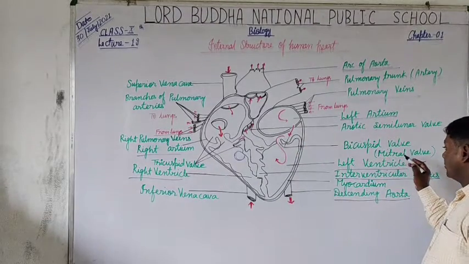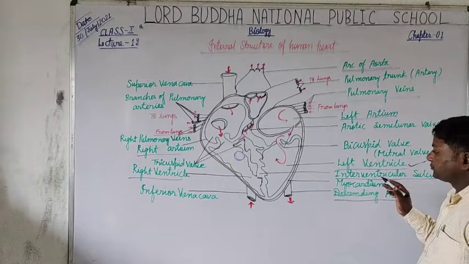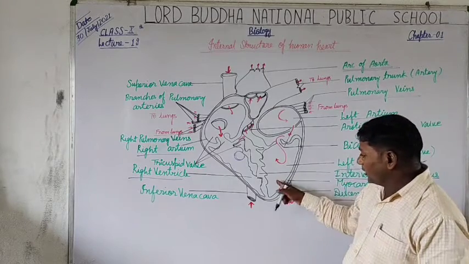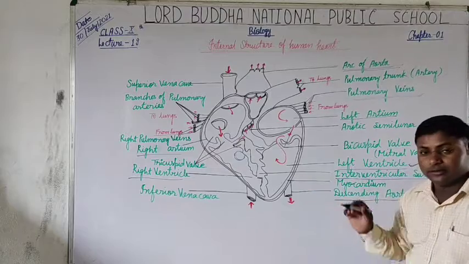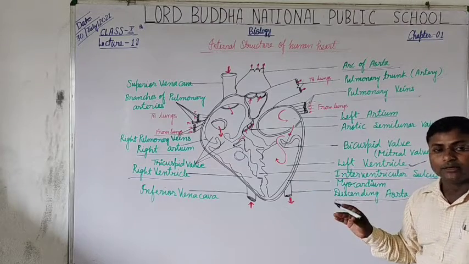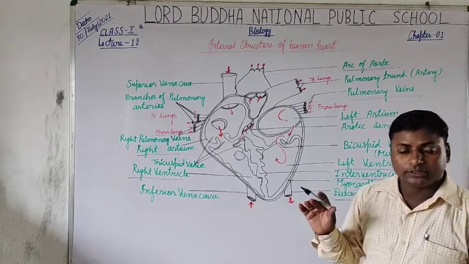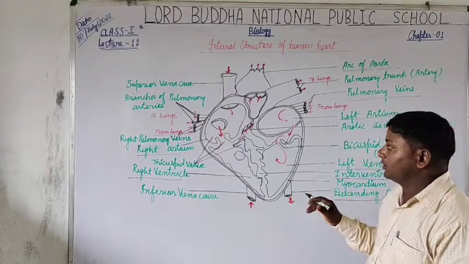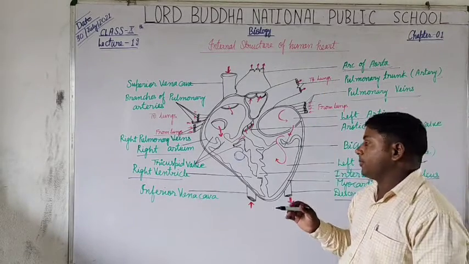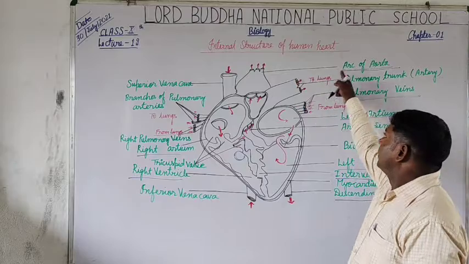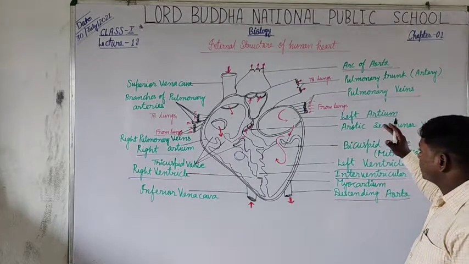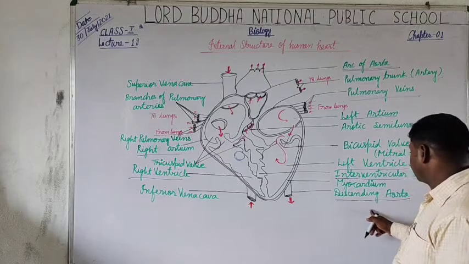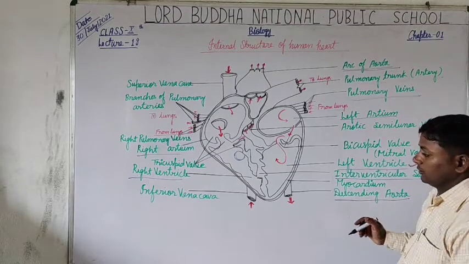Thus, the bicuspid valve or mitral valve sends the blood into the left ventricle, and from there it is distributed to the whole parts of the body with the help of the arch of the aorta and the systemic arch, the descending aorta.